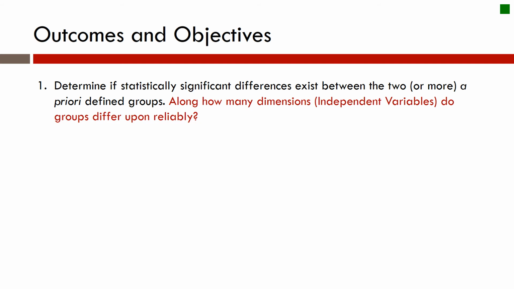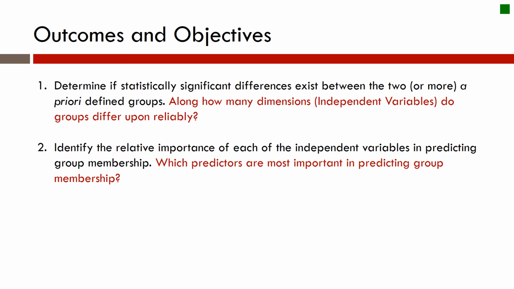So again, the dependent variable has to have levels associated with it that we know exist or that we think exist, and we need to be able to define them. So that's what we want to be able to do, and we want to identify, again, these independent variables or these dimensions, these IVs, that cause us to be able to identify the distinction that we think these groups have.